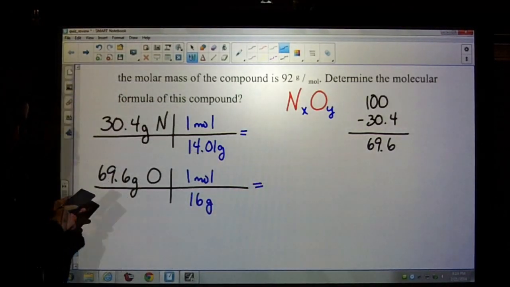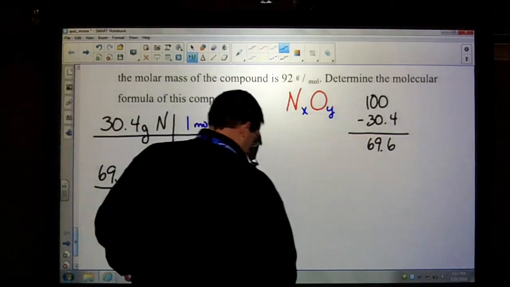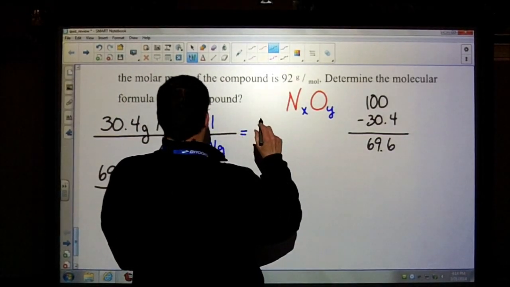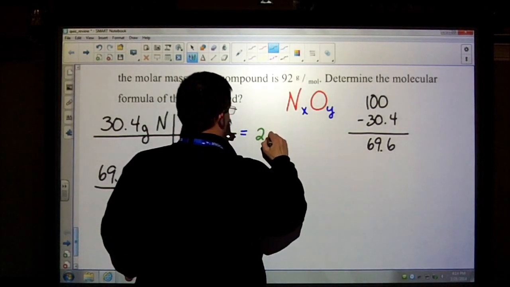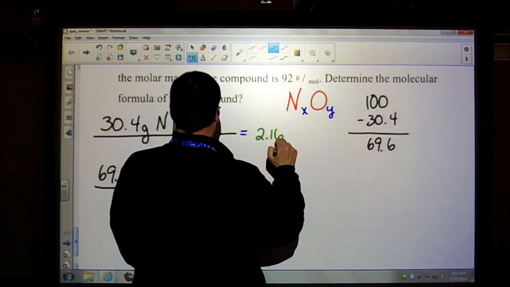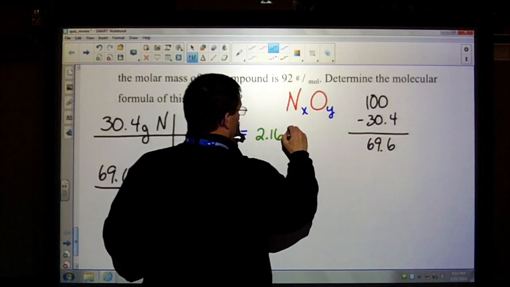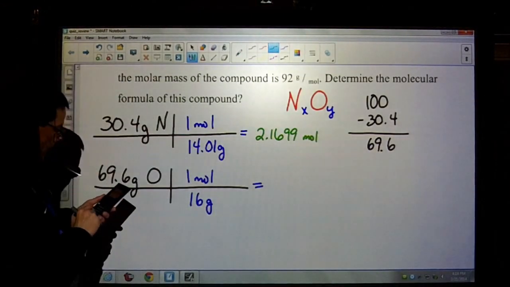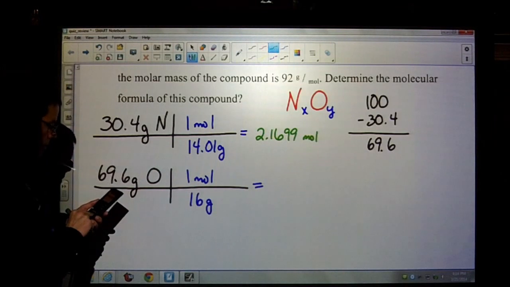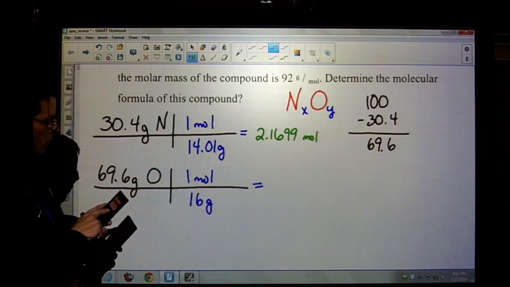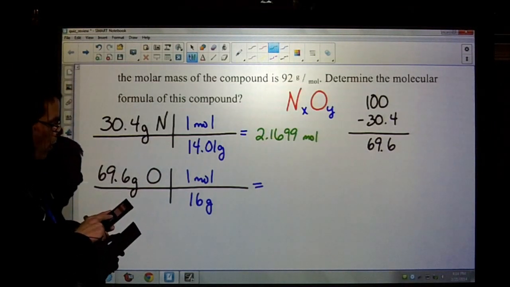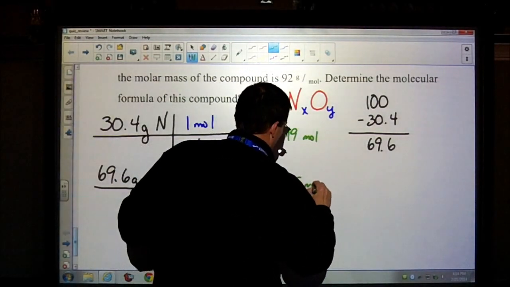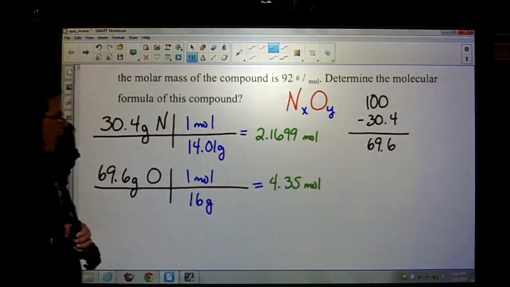So let's figure out how many. All right, so it looks like we have 2.1699 moles of nitrogen, and we have 4.35 moles of our oxygen.